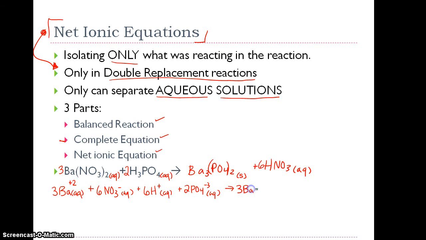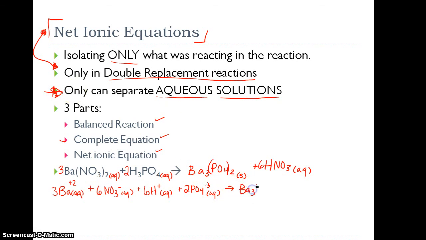3 Ba, so you can only break apart aqueous. See, I started to make a mistake there. So you have to pay attention on which things are solids and aqueous, okay? So this is solid, so it cannot be broken apart because it's only aqueous solution. So this stays the same.